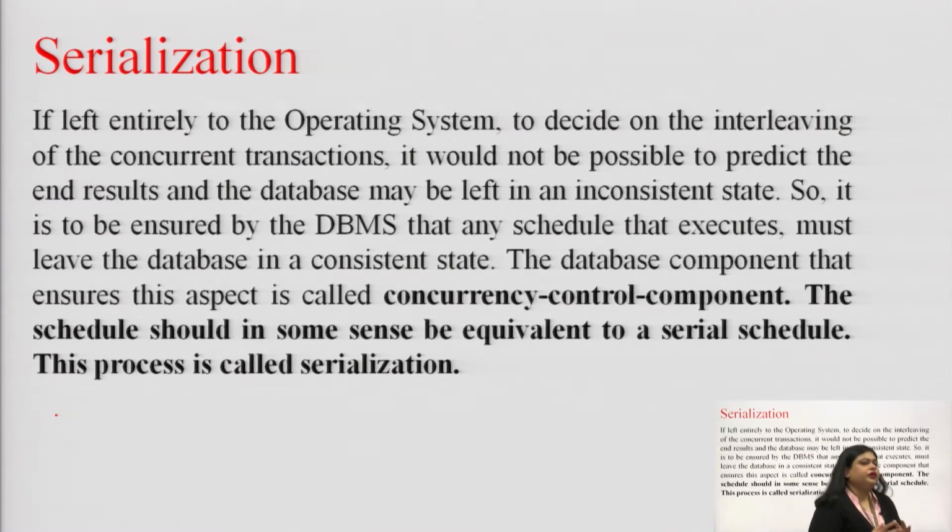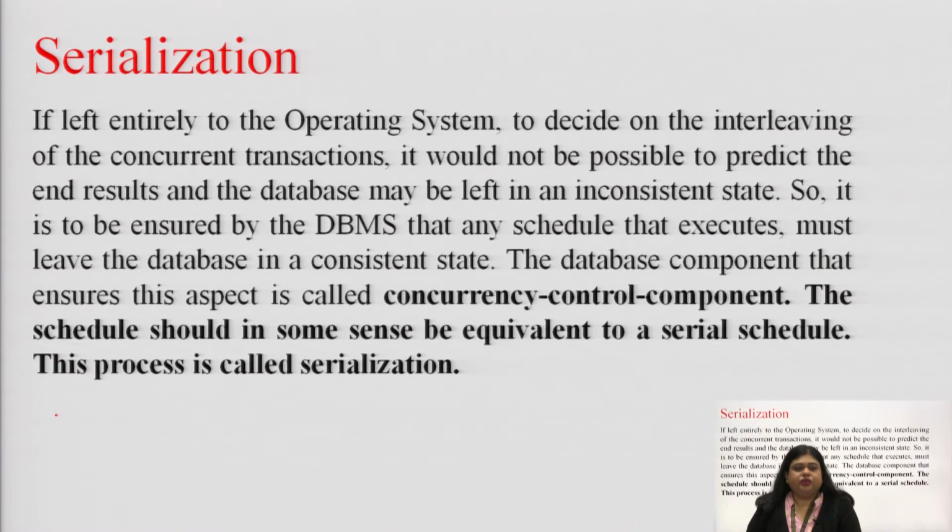Now, if it is left entirely to the operating system to decide on the interleaving of the concurrent transactions, it would not be possible to predict the end result, and the database may be left in an inconsistent state. So, it is to be ensured by the database management system that any schedule that executes must leave the database in a consistent state.